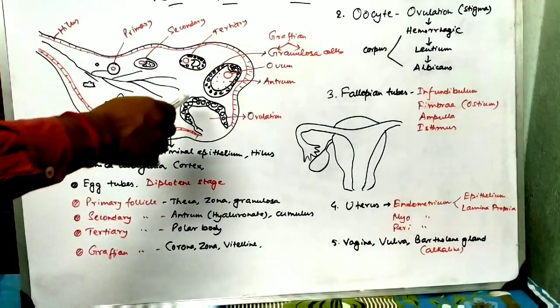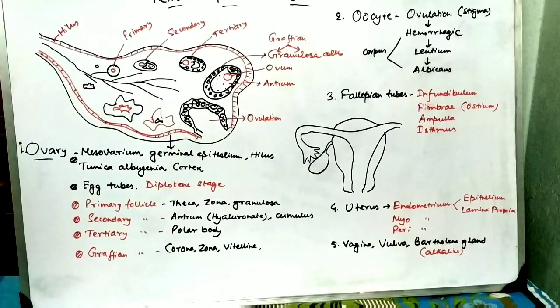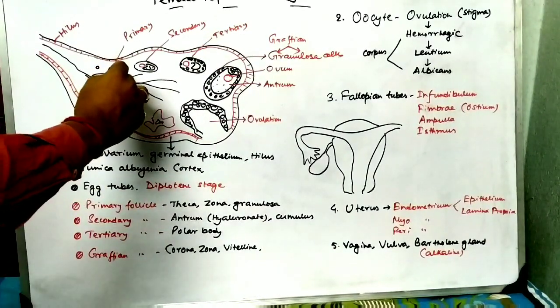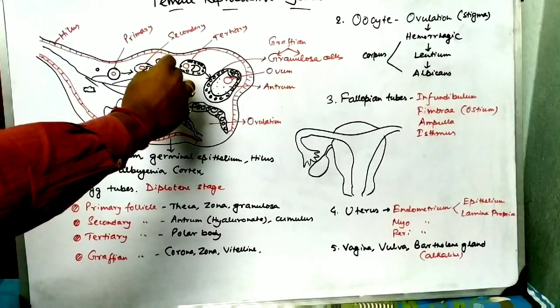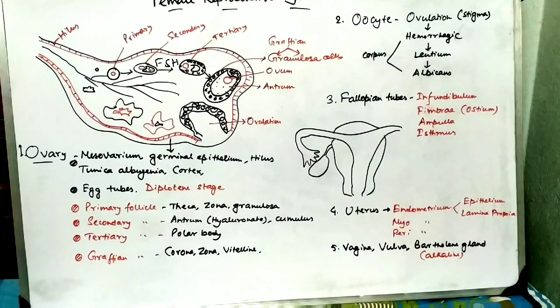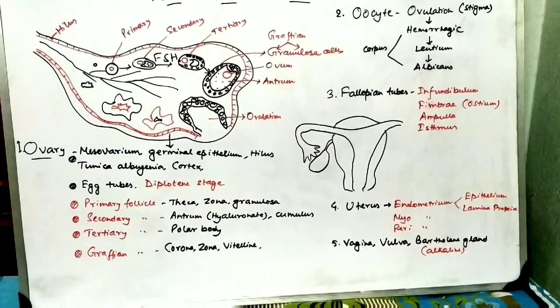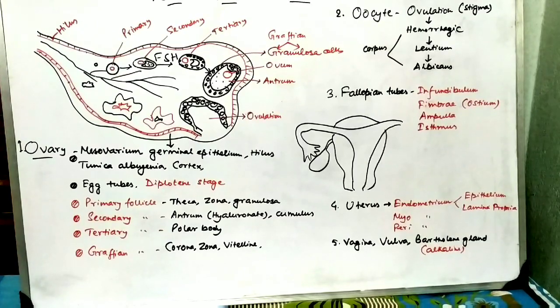Next, the cells of the tertiary follicle will mature, and these maturational phases occur due to the hormone FSH. The FSH hormone stimulates the maturation of the primary follicle to the graafian follicle.